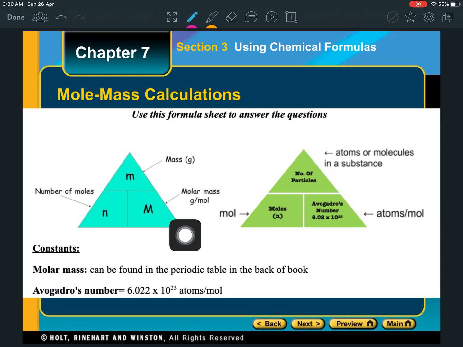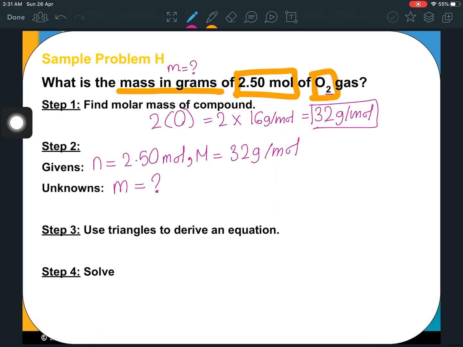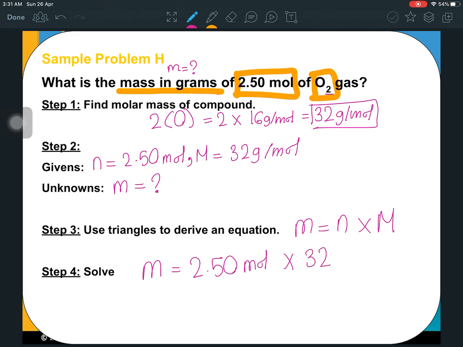Remember, when 2 things are next to each other, the 2 things that are your known parts of your equation, you have to multiply them by each other. So m equals n times capital M, so m equals n times molar mass. Now let's solve this. m is equal to 2.50 moles times 32 grams per mole.